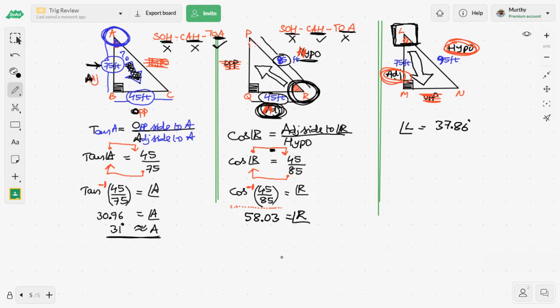You can round it to 38 degrees. Oops, my bad. It is 38 degrees approximately. Hope you also got the same answer. That's it for this review part.